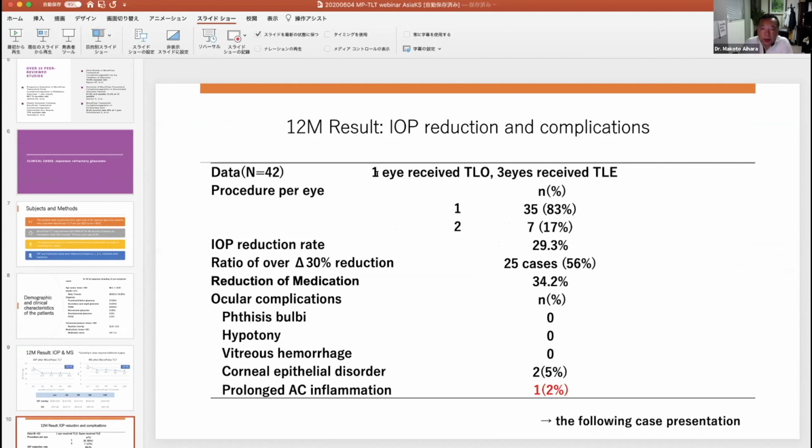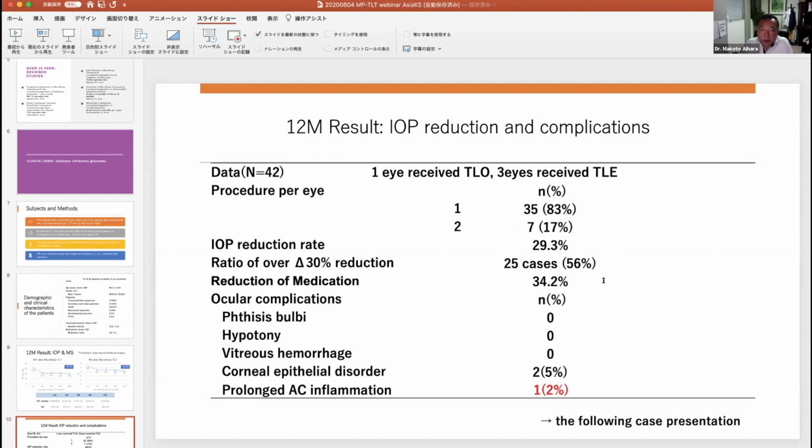Finally, 1 eye received trabeculotomy and 3 eyes received trabeculectomy. Only 1 MicroPulse TLT procedure was needed in 83%, and additional MicroPulse TLT was performed in 7 eyes. IOP reduction rate is 29.3%, and the ratio of over 30% reduction is 56%.